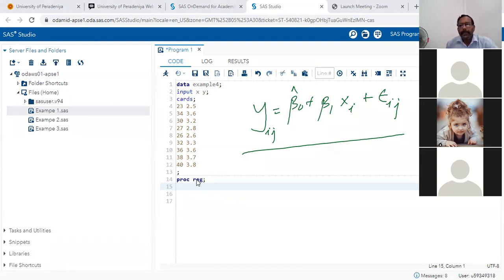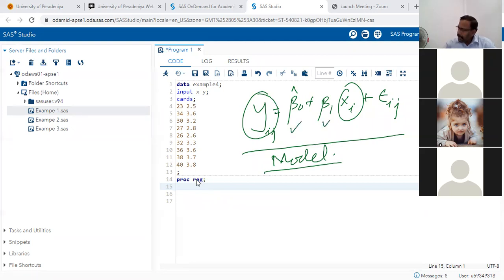Simple linear regression model. Yes, this is the model for simple linear regression. So here you want to relate these variables. These are the two variables that we have to indicate.